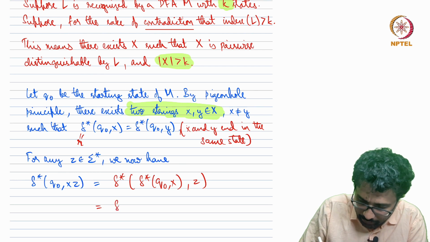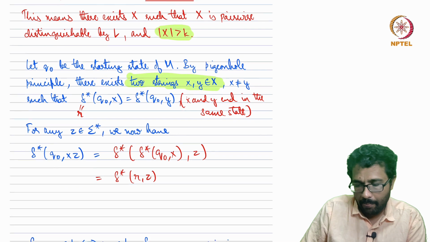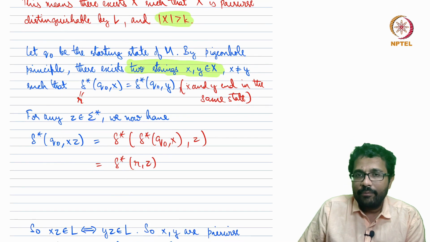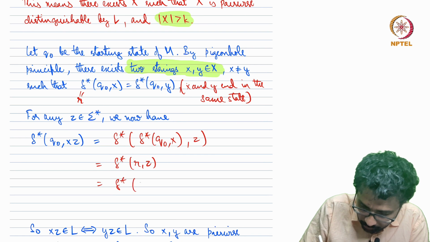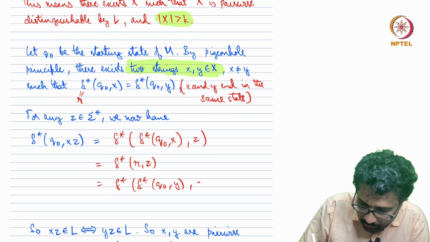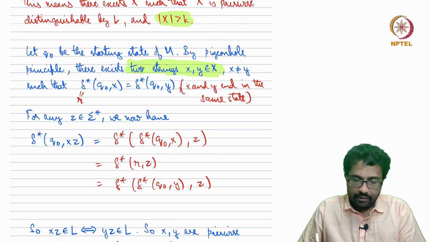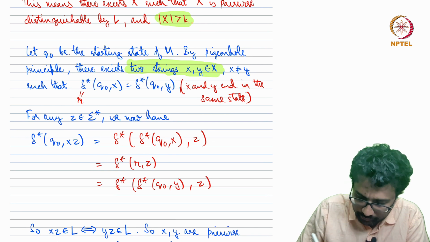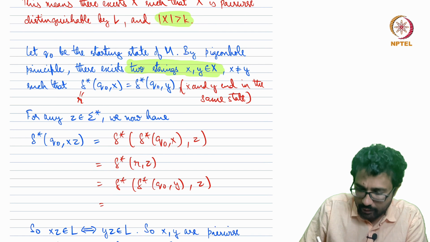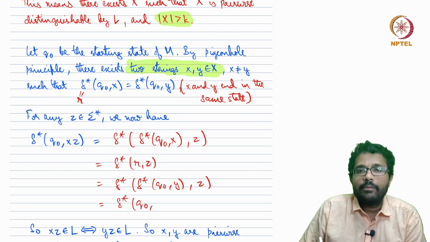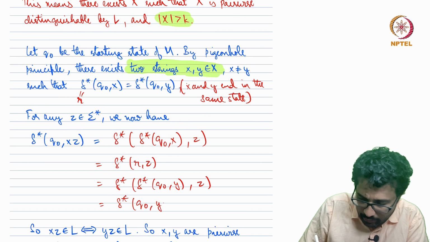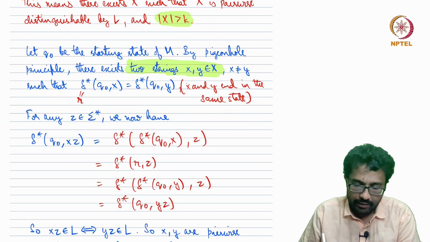Now from R where does z take it to? But what is R? R is also delta star q0 y, and this is nothing but where the DFA ends up when it sees yz, right?